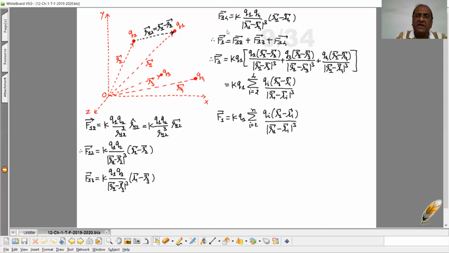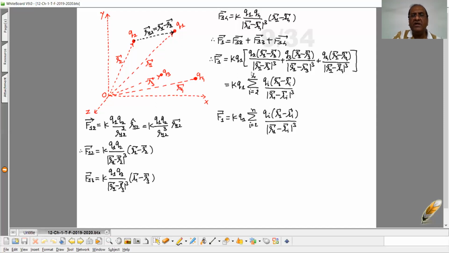Now the resultant force on Q1, that is F1, is the vector summation of all these forces. So that is force on 1 by 2 plus force on 1 by 3 plus force on 1 by 4. So F1, from these three equations we can take KQ1 common.